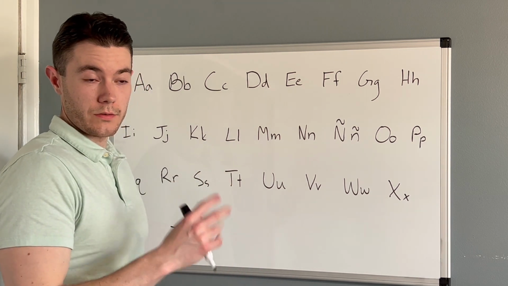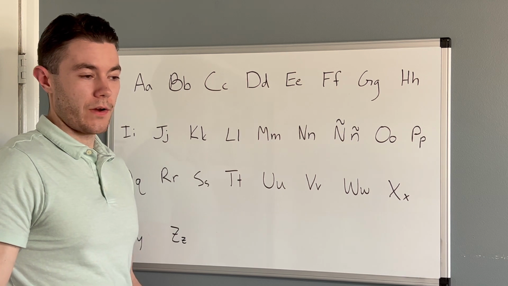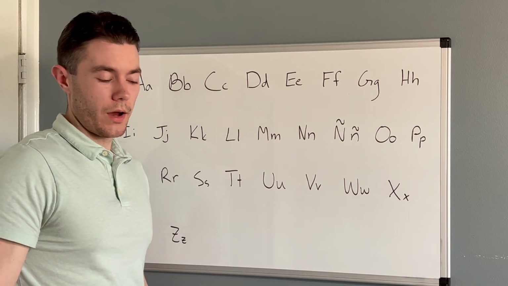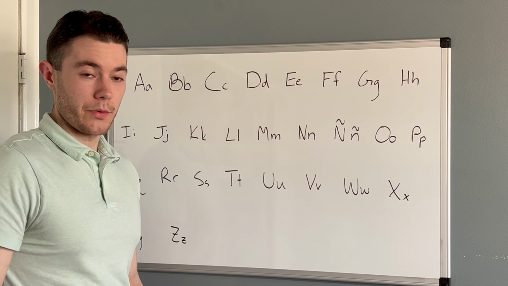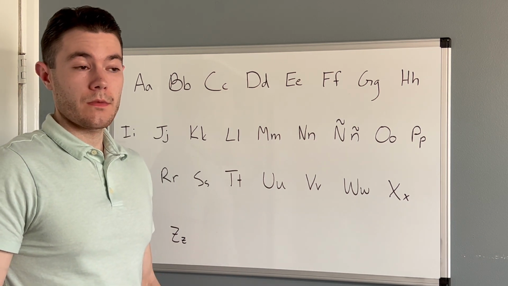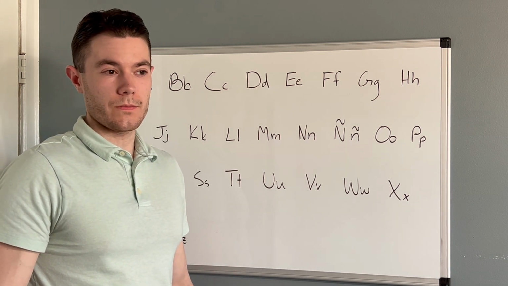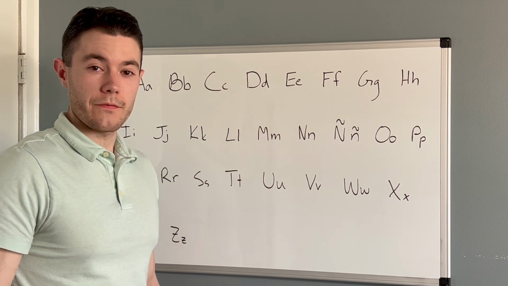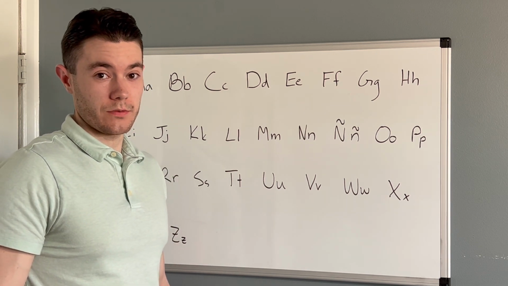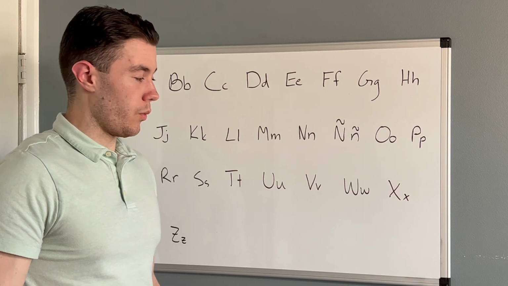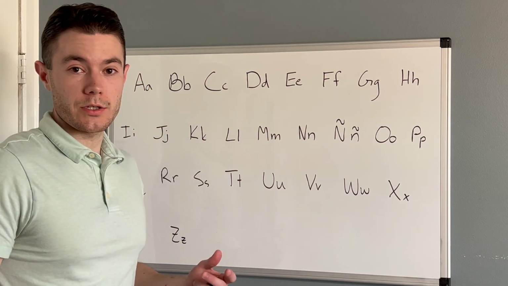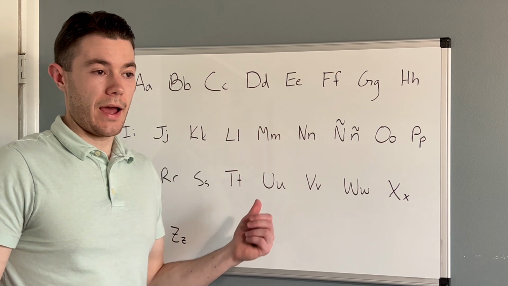There are 5 vowels. In English, we have also 5 vowels, 6 if you count Y sometimes acts like a vowel, but we really only have 5 vowel letters. However, English has more than 20 vowel sounds. So one letter like A in English can make multiple different vowel sounds.